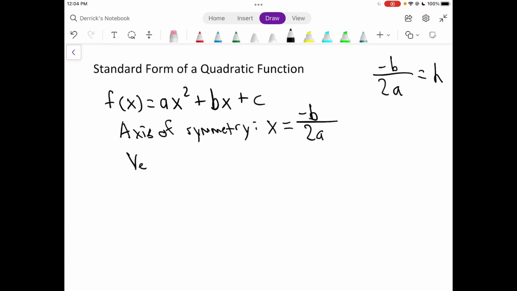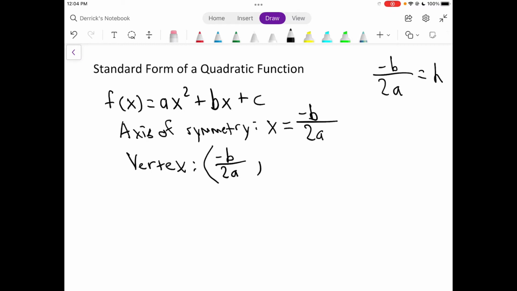That also means that we can say our vertex will start with whatever value negative b over 2a gives us. Now what that doesn't tell us is what the other part of our vertex will be, what the y-coordinate will be.